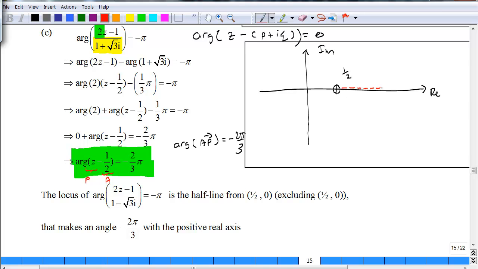Draw your horizontal dotted line in the positive direction, and the angle that it makes with this positive horizontal is negative 2 pi over 3, which is negative 120 degrees, which is about here. Right, so this argument is negative 2 pi over 3. Alright, so there you go.